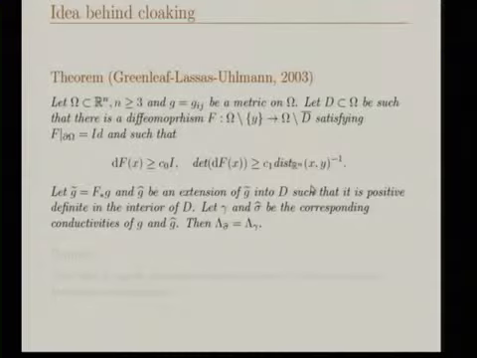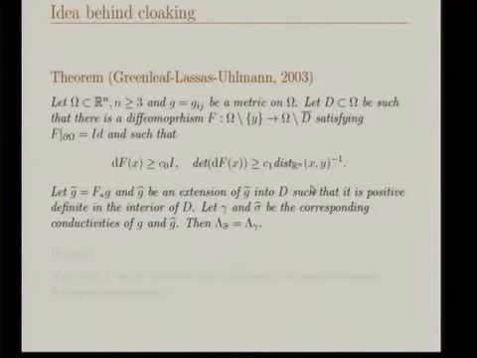Cloaking was not a word used when they actually proved this result. They saw this as a way of showing non-uniqueness of the Calderon problem. A different set of people came with the idea of cloaking, but they were the ones to come up with this idea first. So what you have is you consider a metric, and what you can do is consider a diffeomorphism.